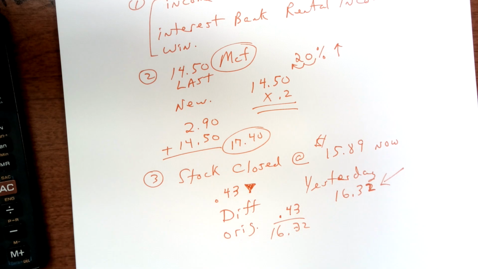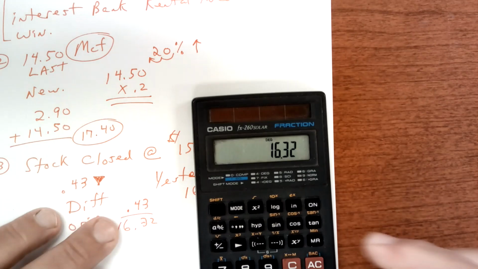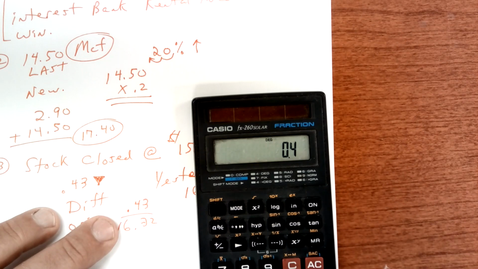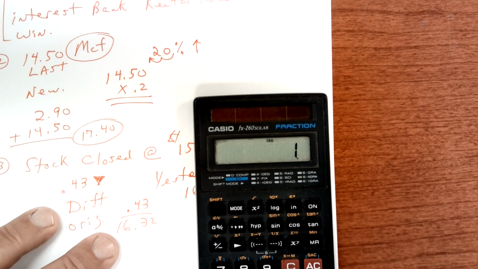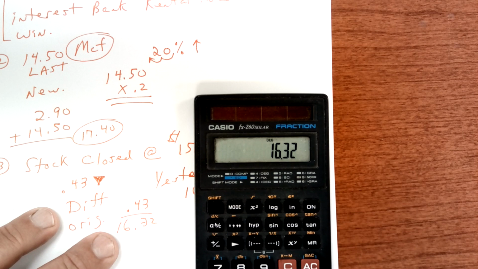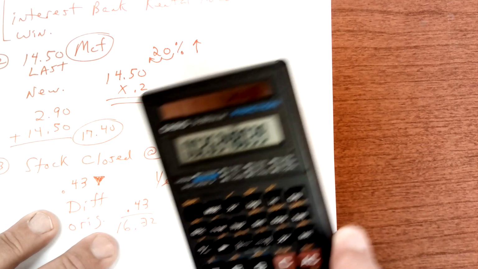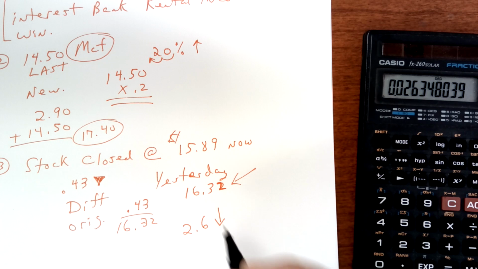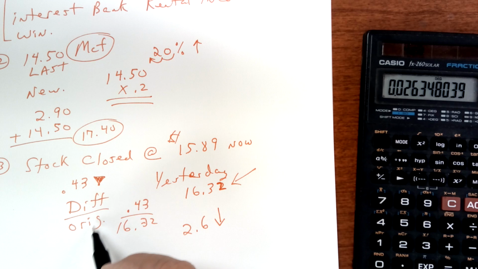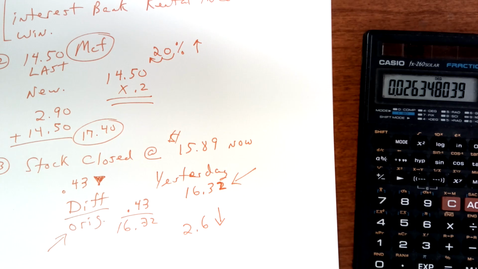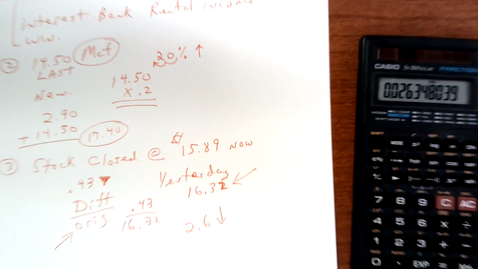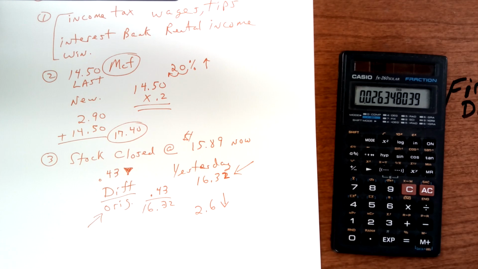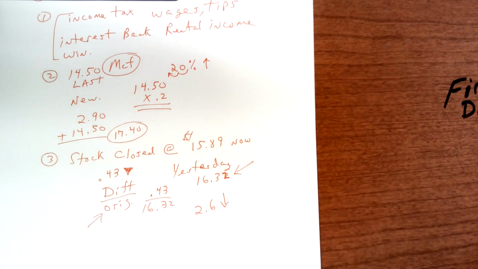So let's see what that is. 0.43 divided by 16.32, and that gives me 2.6% decrease. Remember, it's the original. Difference divided by the beginning price. I'm going to make this a little smaller. Okay? All right, let's keep moving.